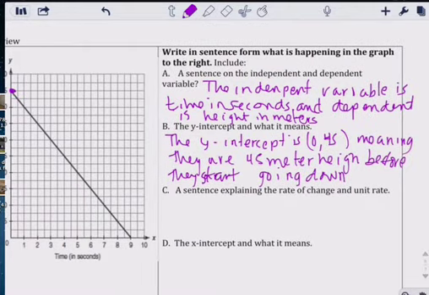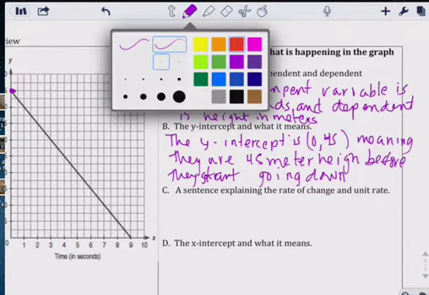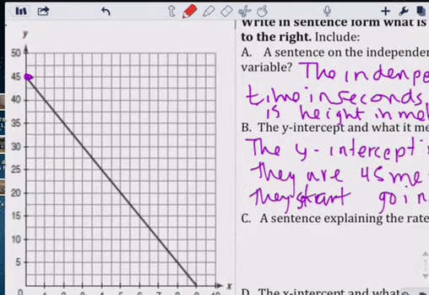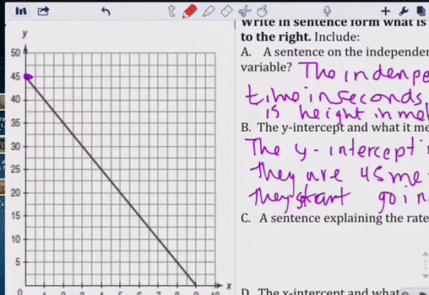The rate of change. Alright, the rate of change is, so I don't have to guess, I'll just use 0, 45 and I can already tell you it's down 5 over 1 just by the graph. Or, I don't know if this counts, so let's do the math. 9, 0.